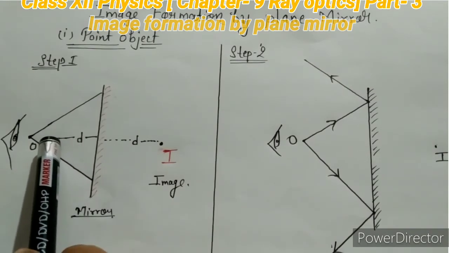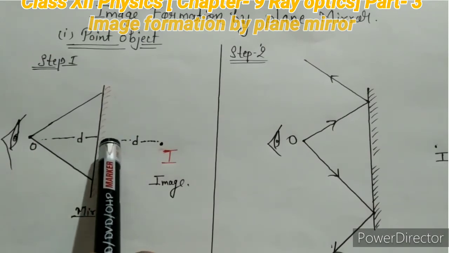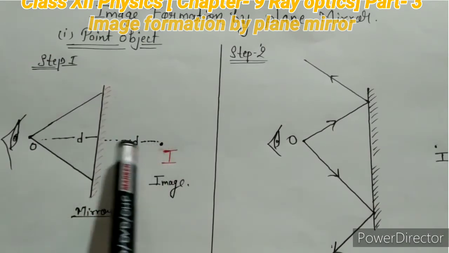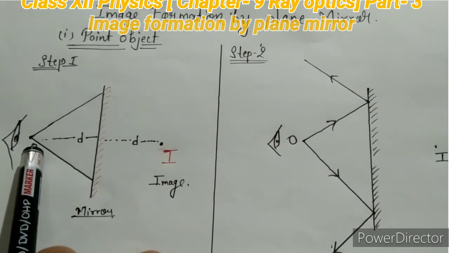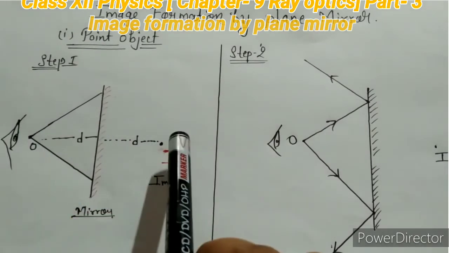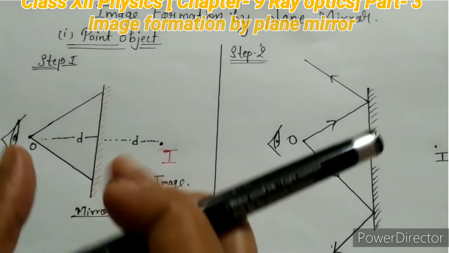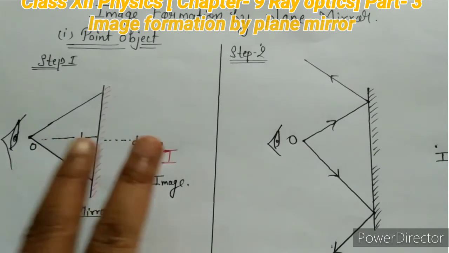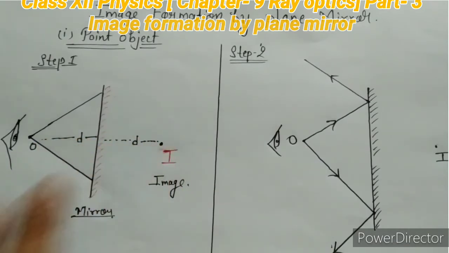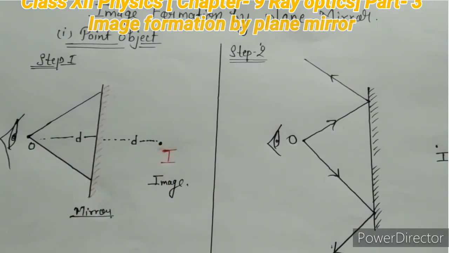We consider the distance D here, so we will get the image at a distance of D. So we first draw O, the object, and this is the image. If this distance is D, we consider this distance also D. This is our first step.